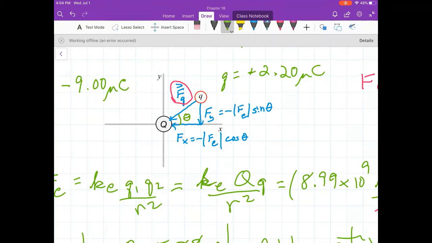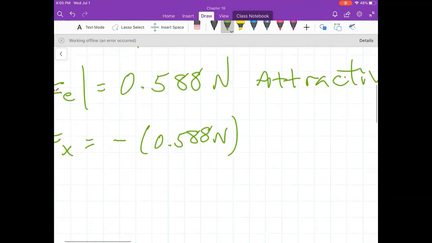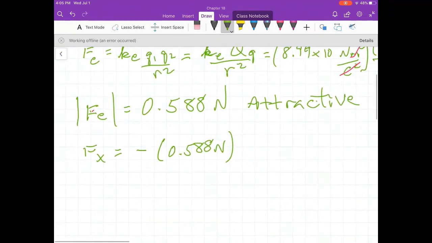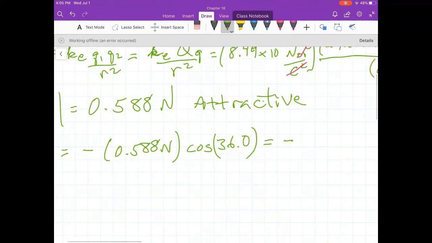Let's give theta a value, 36 degrees. Okay, so the x component we will find is a minus 0.476 Newton.